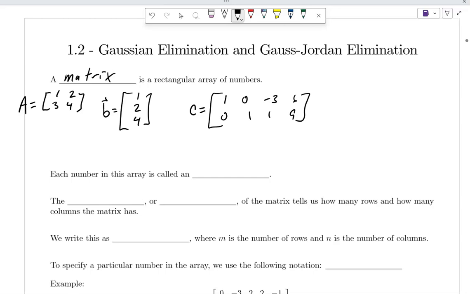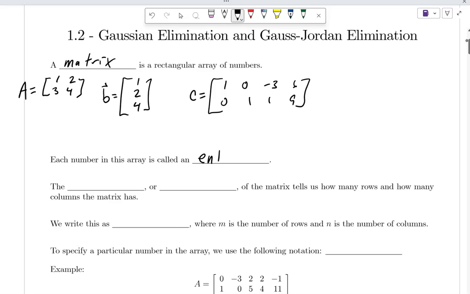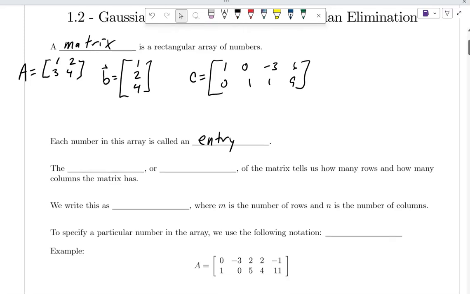All right. So that's what we mean by a matrix. Every number in that matrix is referred to as an entry. We'll talk about how we identify entries here in a second. But you might also want to know how many things are in your matrix, or what size the matrix has.